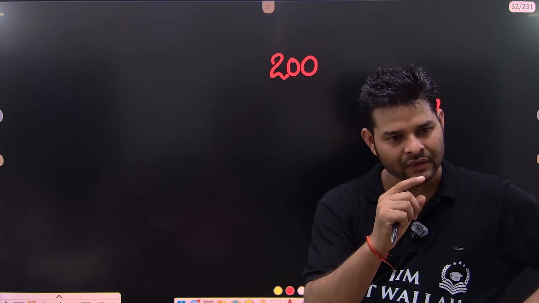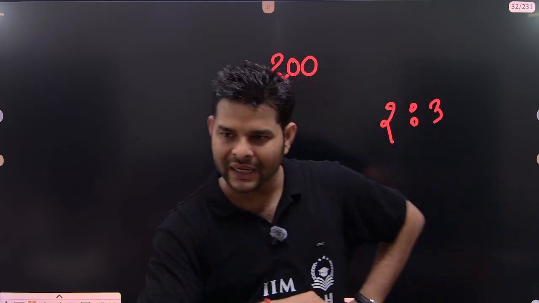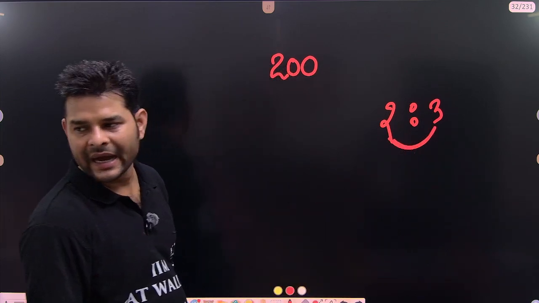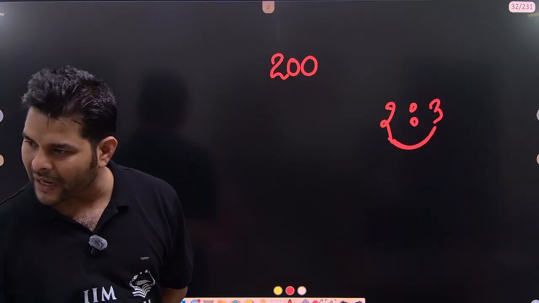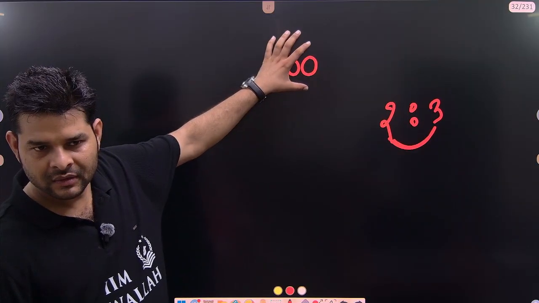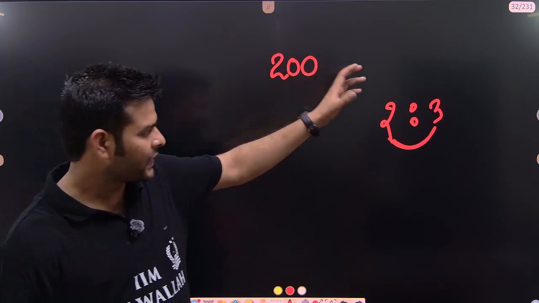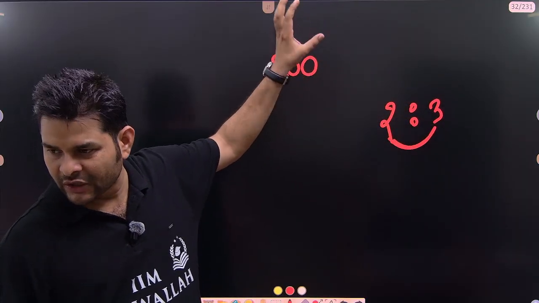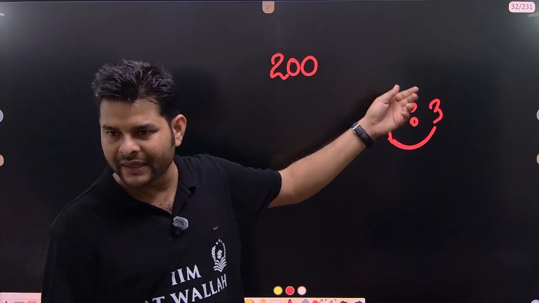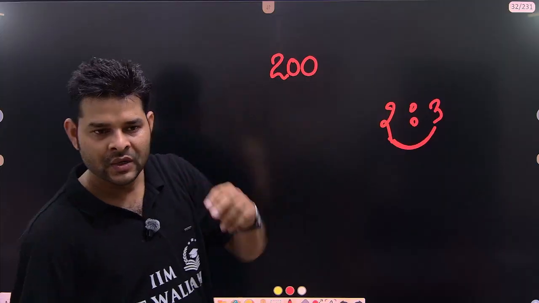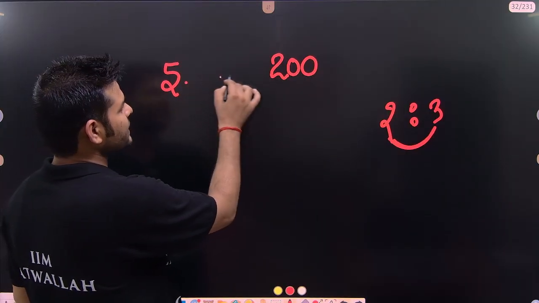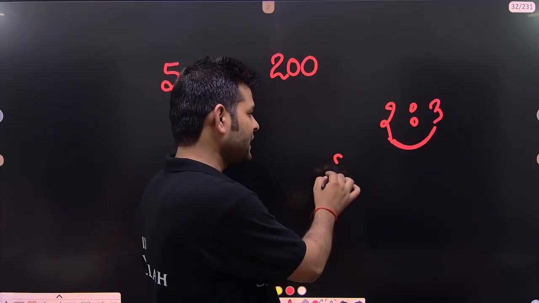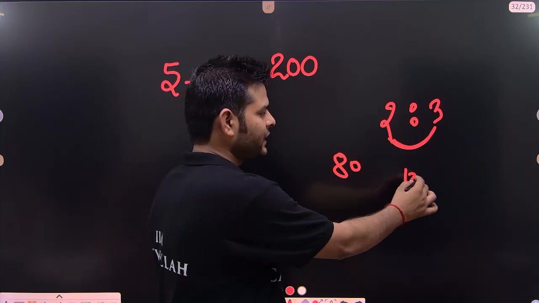For 1 unit, I will add 2 and 3, so the total is 5 units. The total value is 200, so 200 needs to be divided by 5. So 5 units represent 200 and 1 unit would be 40. So one will get 80 and the other will get 120.